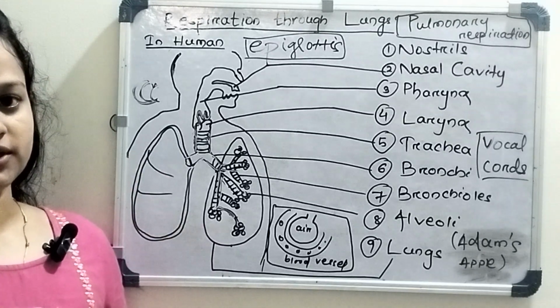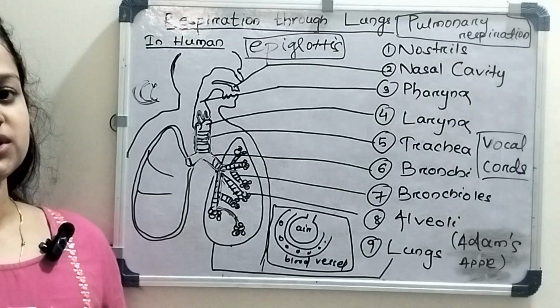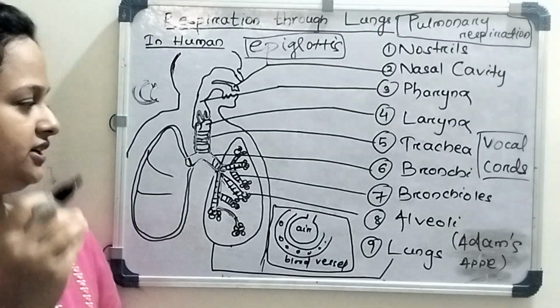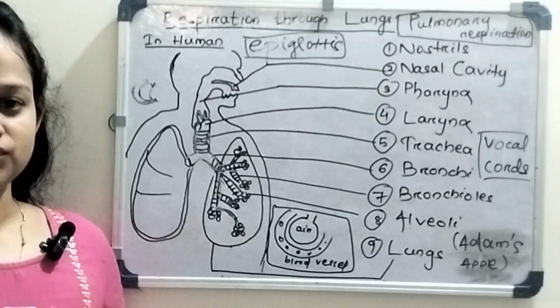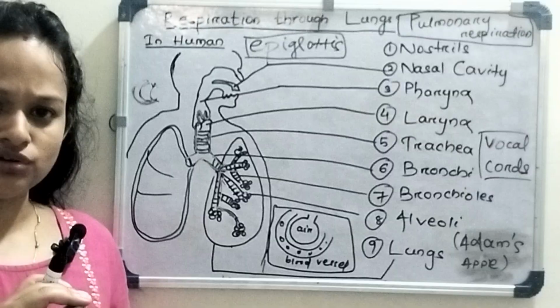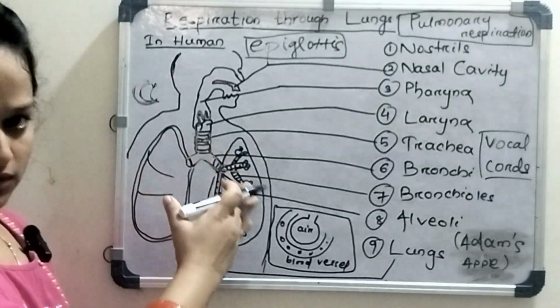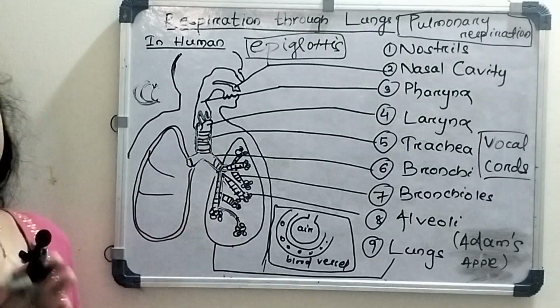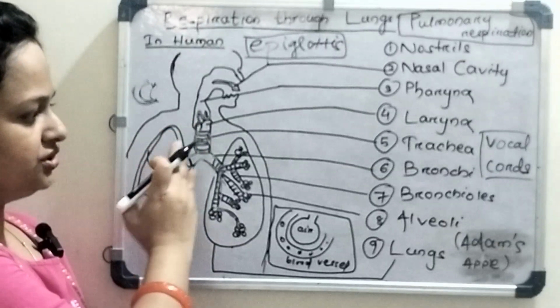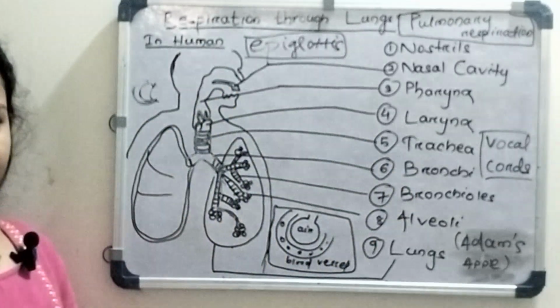The trachea also contains ciliated epithelial cells and mucus secreting cells. So here also, the cilia and mucus prevent the entry of germs and dust particles into the lungs.